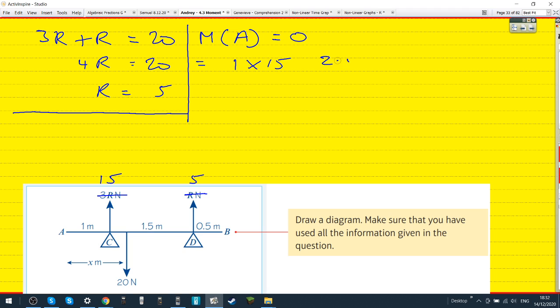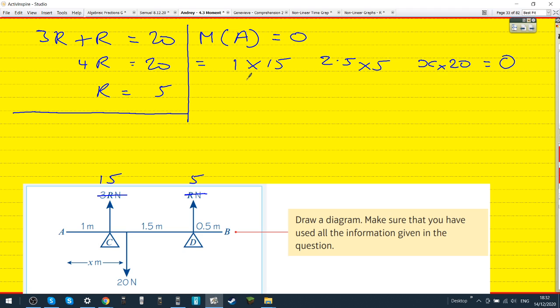Yeah, and so 2.5 times 5. One more force. Is it now going to be x times 20? Yeah. What do we know about those 3 forces? They equal 0. Yeah, because it's in equilibrium.